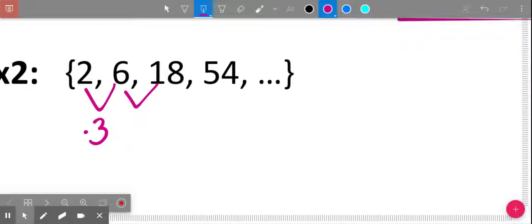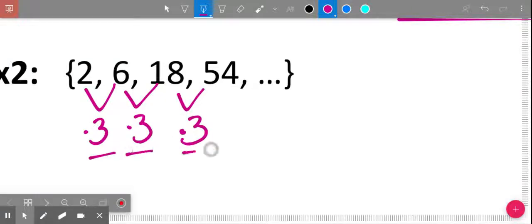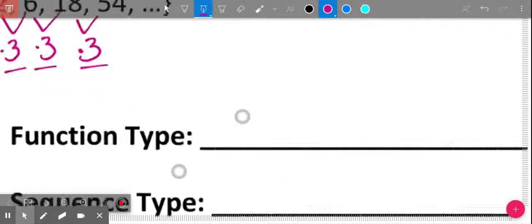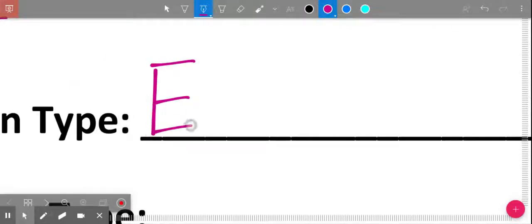So how can I get from 2 to 6? I can multiply by 3. 6 to 18, I can multiply by 3, and 18 to 54, I can multiply by 3. So we see that we are multiplying by 3 in our pattern. Anytime we're multiplying, as in our last set of notes, notes number 5, that type of function is going to be exponential.